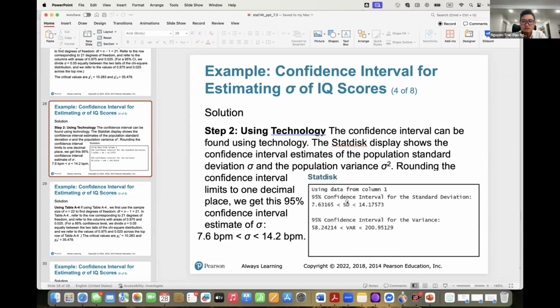You can use technology like the TI-84 calculator, like I did in the previous section. And then you can calculate that 7.6 BPM is the lower bound for the confidence interval, and 14.2 BPM is the upper level. So this is our conclusion.